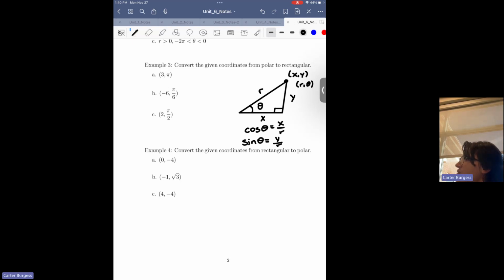Now, if we're trying to take in r and theta and spit out x and y, it doesn't make sense to have r in our answer. We want r to be in our input, what we're plugging in. And so what could I do here to isolate x and y?